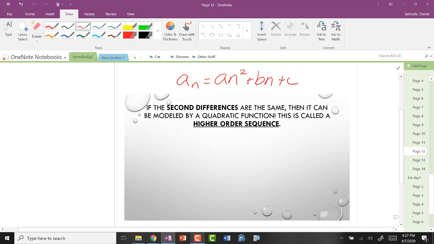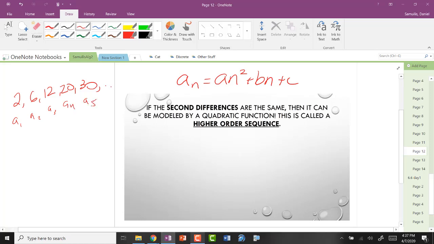We're going to use this in the same way. I have 2, 6, 12, 20, and 30. What I do know are the term numbers: I know a sub 1, a sub 2, a sub 3, a sub 4, and a sub 5.